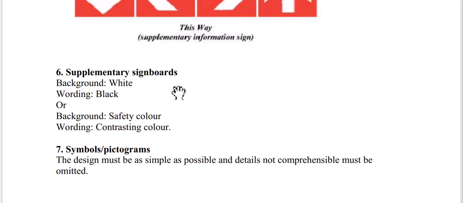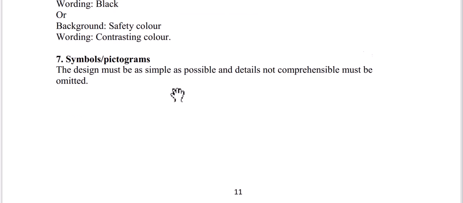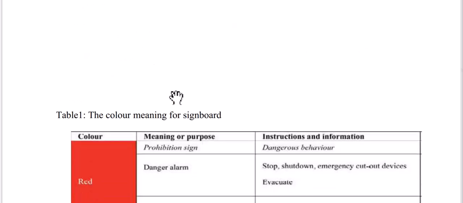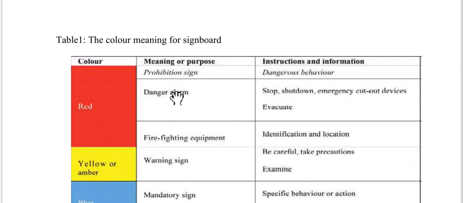So I have summarized this information in a table showing the meaning of colors and what information they are providing. For instance, we have the red color. As we've seen before, the red color is used in the prohibition signs and in firefighting, and it actually means danger. The meaning is a prohibition sign.